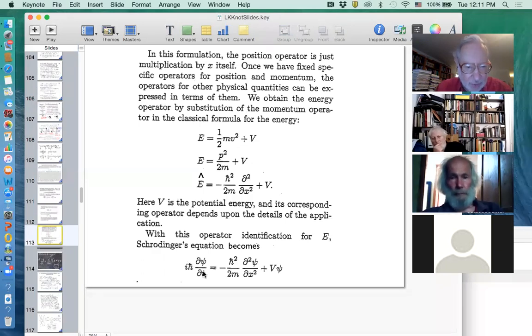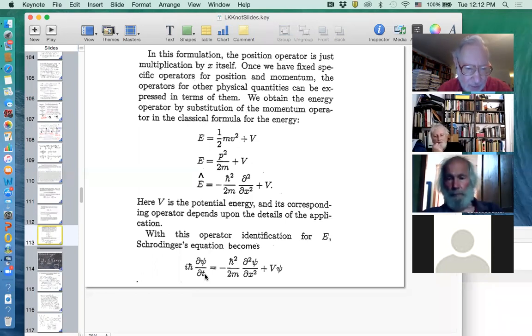And that is Schrodinger's equation, i h bar d psi dt, which was extracting energy from the wave, is equal to minus h bar squared over 2m d squared psi dx squared plus v psi, which is the physical expression for the energy involving the momentum operator.